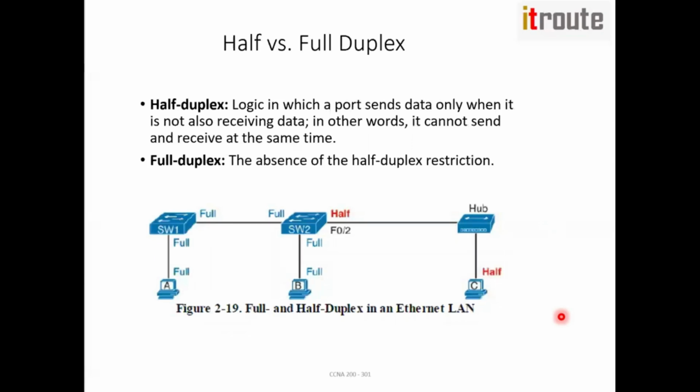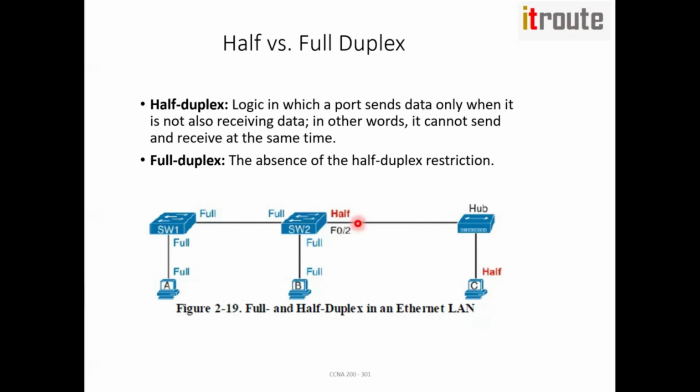So another thing we have is called half duplex versus full duplex. In network communications, full duplex means communications take place both ways at the same time. That we call full duplex. When communications happen in one way at a time, we call it half duplex.